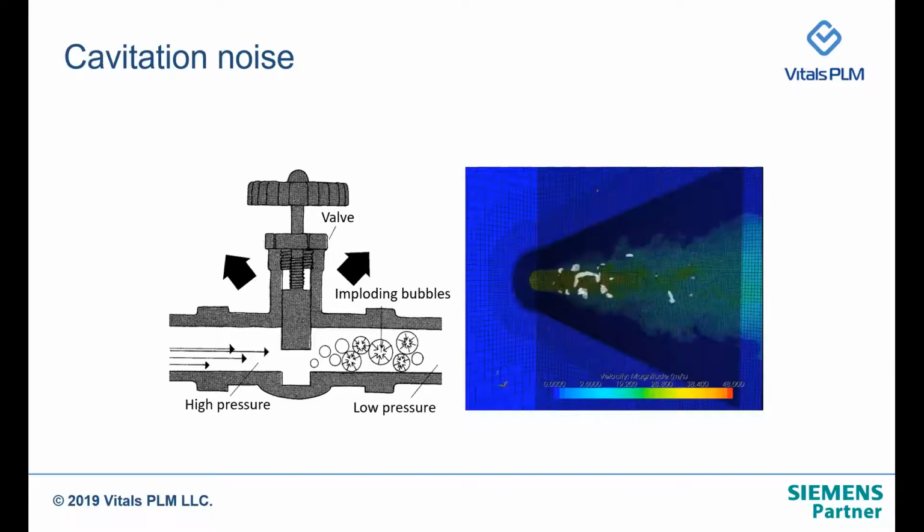Here, in this case, we can see the internal flow through the valve, downstream of the valve, where the pressure goes below the vapor pressure of the working liquid, and as a result there is a generation of vapor bubbles, and they locally collapse and implode, creating a locally highly unsteady pressure field, and that can be sensed as sound, which can propagate in the vicinity of the equipment and be sensed as noise.